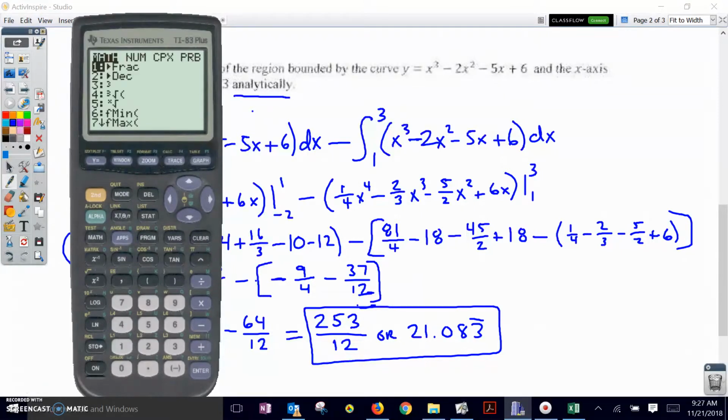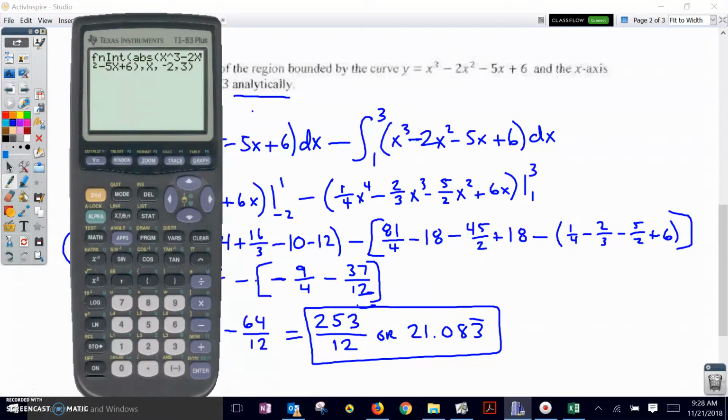I'm going to integrate the absolute value of this function over the interval. Absolute value of x to the third minus 2x squared minus 5x plus 6 with respect to x from negative 2 to 3.